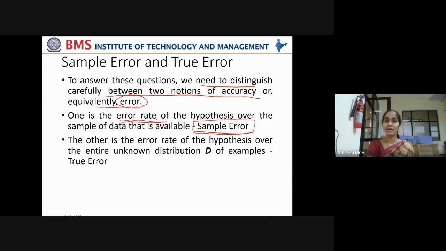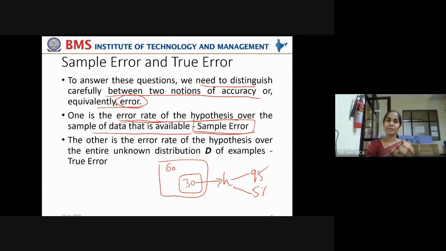Sample error is the error rate of the hypothesis over the sample of data that is available. Take this example: in a class of 60 students, I have drawn a sample of 30 students, and I made a hypothesis, and it is performing well for 95% of the time, and 5% of the time it is giving error. This is called sample error.